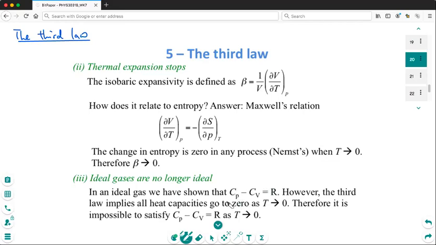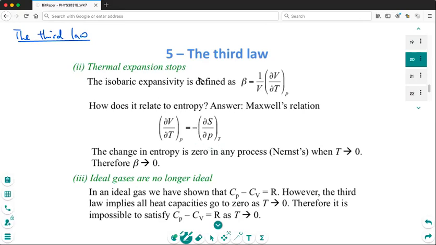And therefore, you can never satisfy this relationship. So there's the saying, ideal gases are no longer ideal there. We are going to reach this conclusion again, but from a different direction, when we do statistical mechanics.